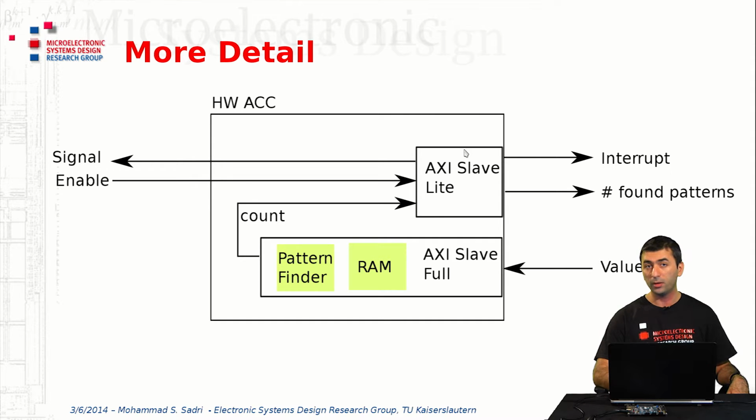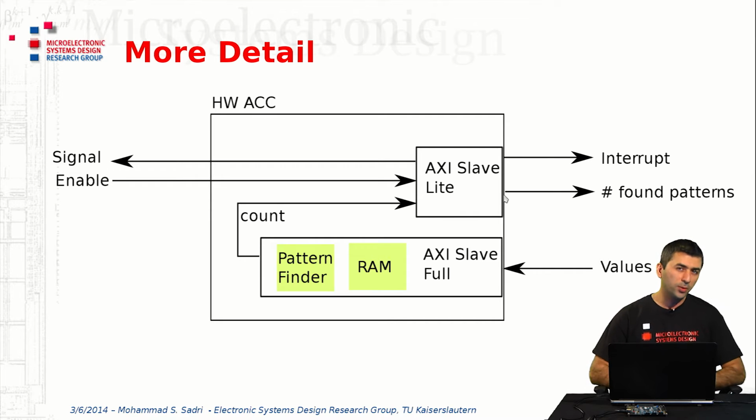I want to use one AXI slave light plug for interfacing to the CPU, for generating the interrupt, for receiving the enable and producing the signal, and for reporting the total number of chunks that we have found to the CPU.